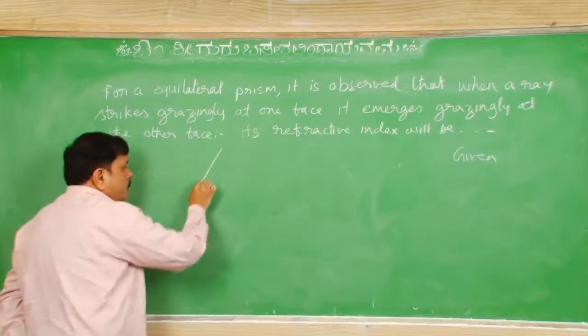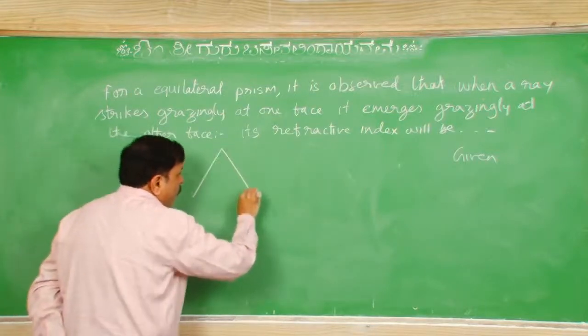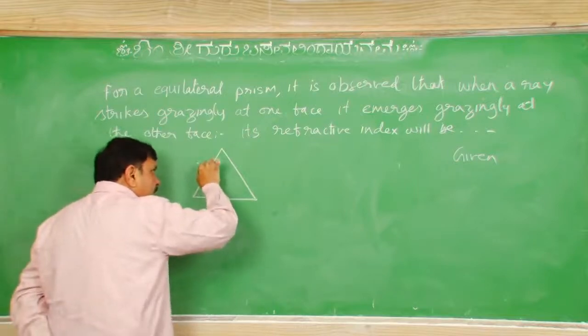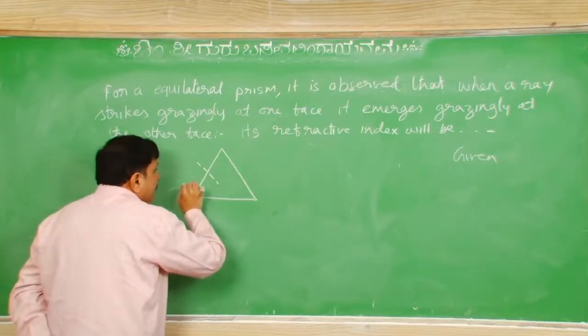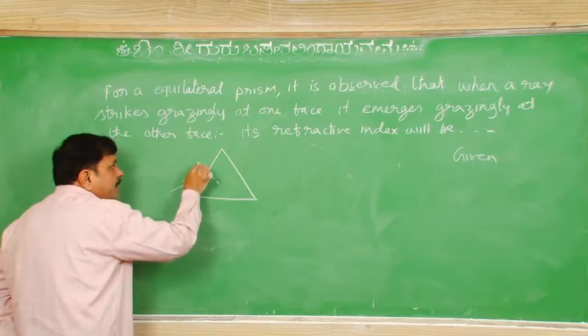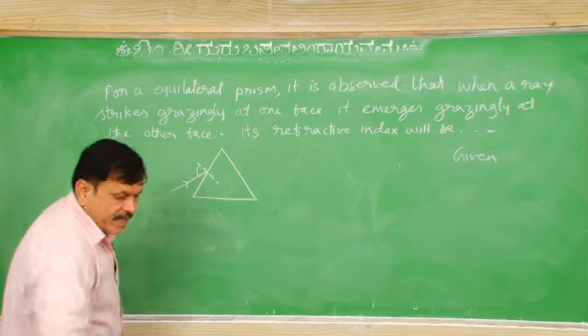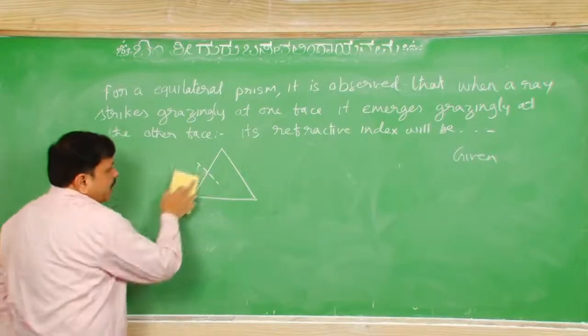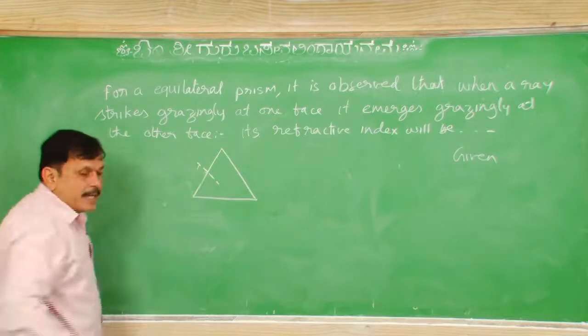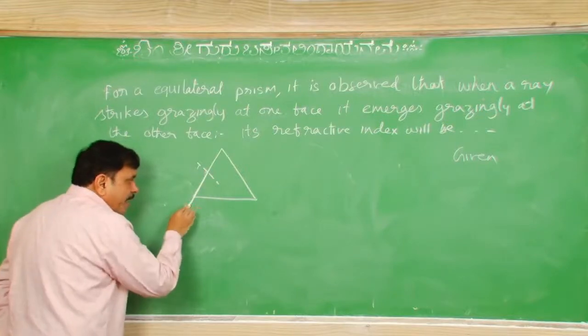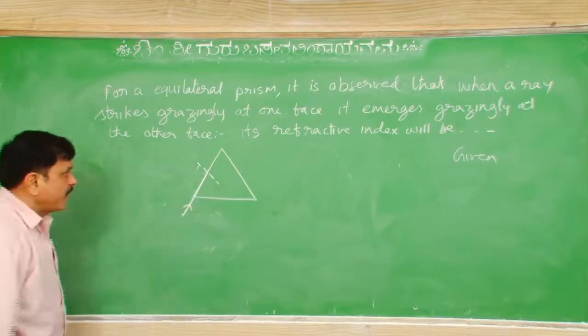Suppose this is the prism we have. On this prism, say it is normal, a ray is incident at some angle over here. Grazingly is mentioned. Grazing means what? The ray should be incident like this, brushing the surface.